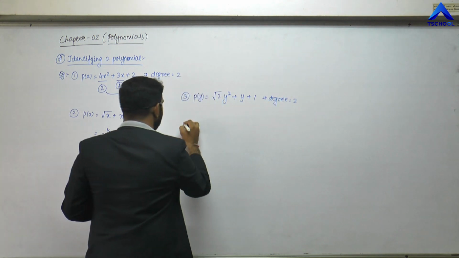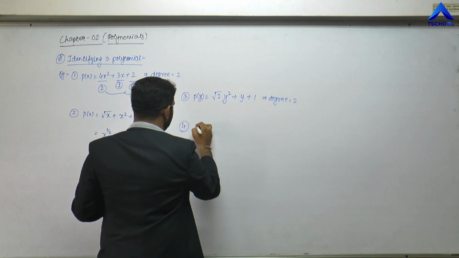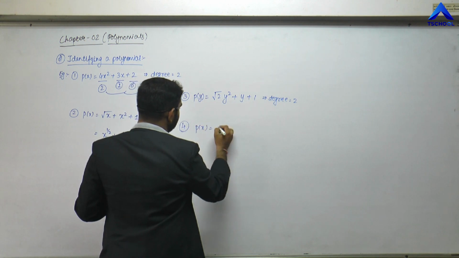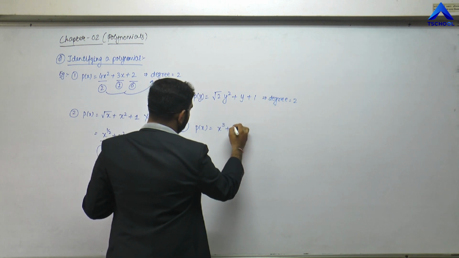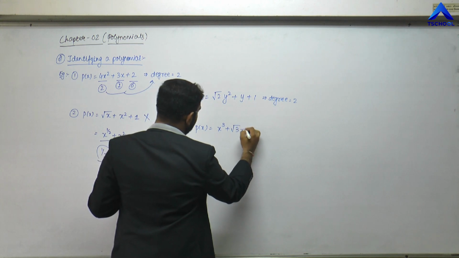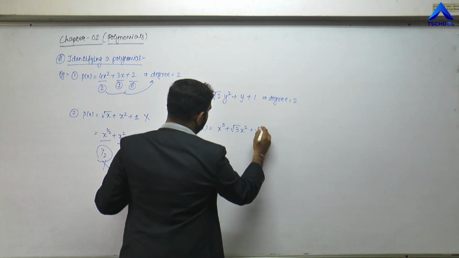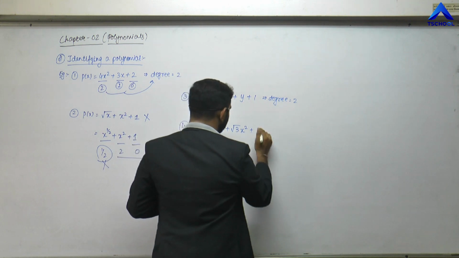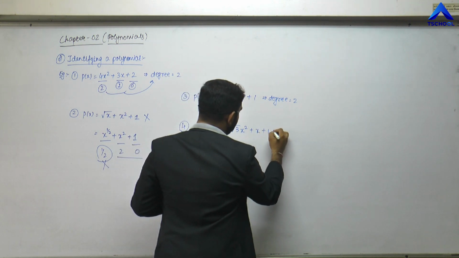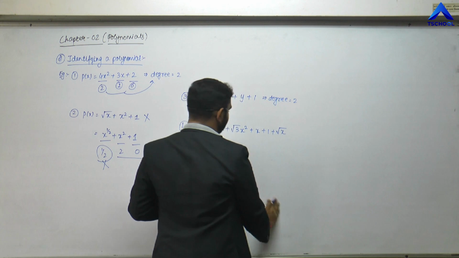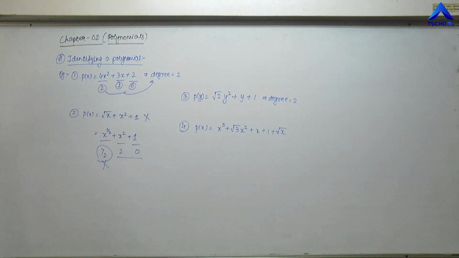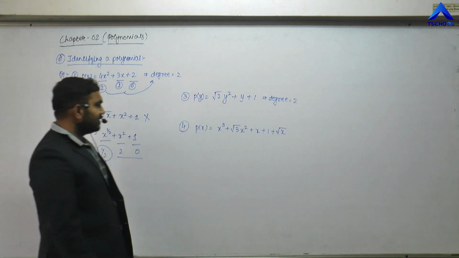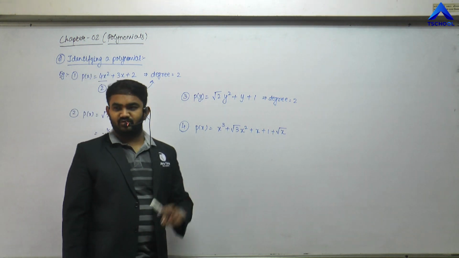2. Let me write down another example. P of x is equals to x cube plus root 3x square plus x plus 1 plus square root of x, right? So is it possible, friends? Now you might say that yes, it is possible, but see, here there are two square roots.